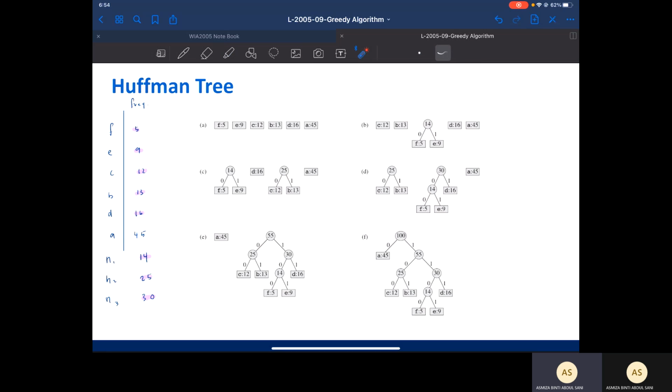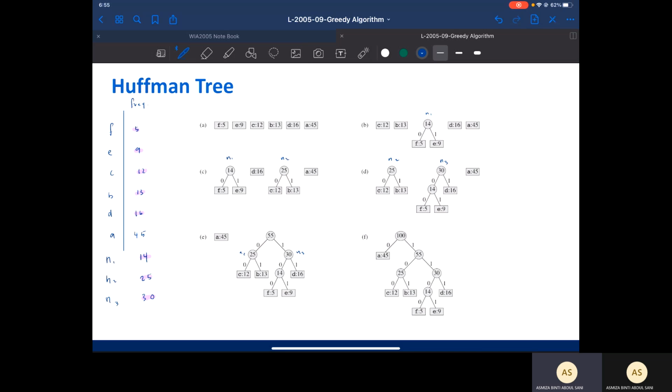So this is N1, this is N2, and this is N3, so that it is clearer to you what happened here.